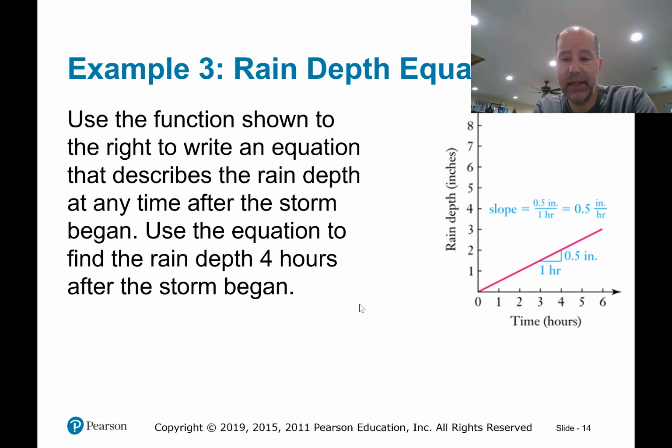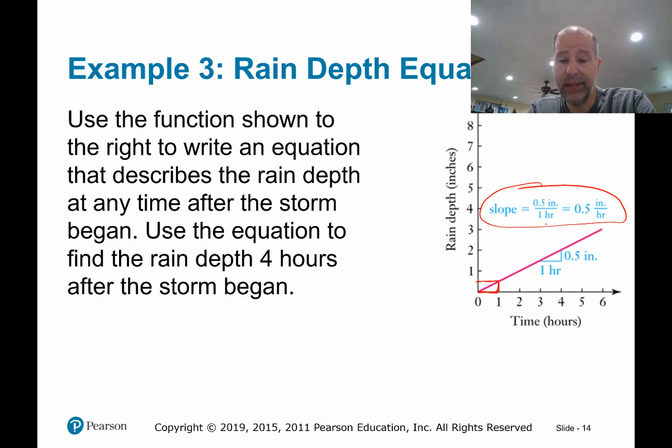And you can see here in the diagram that they took 2 points. It doesn't matter, any 2 points. It shows that, for example, from 0 to 1, it goes over 1 hour and up half an inch. So for every hour, it goes up half an inch.